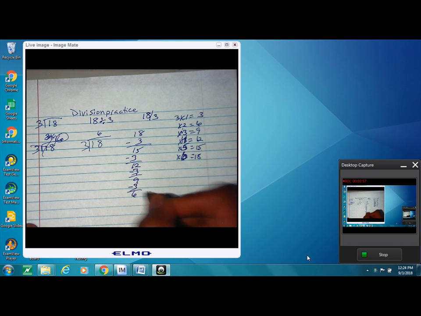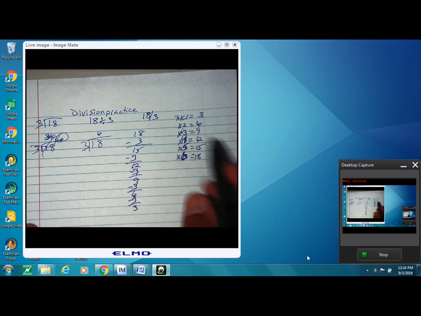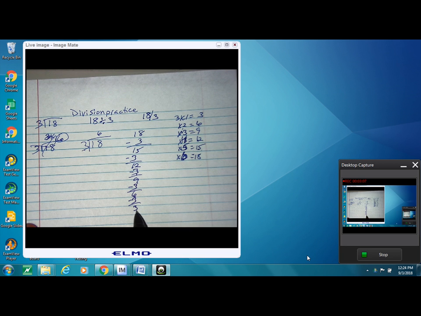And the answer there is 6. If I have 6, can I take away 3? The answer is yes, and so I do it. 6 minus 3 is 3. Now, if I have 3, can I give 3 away again? Not do I want to, but can I? The answer is yes. 3 minus 3 is 0.